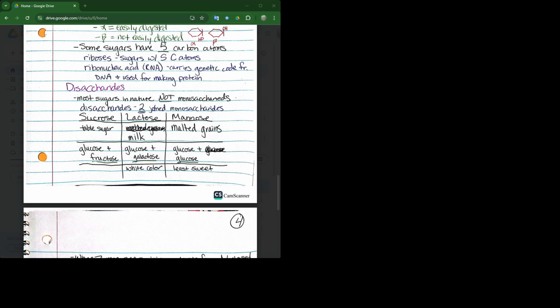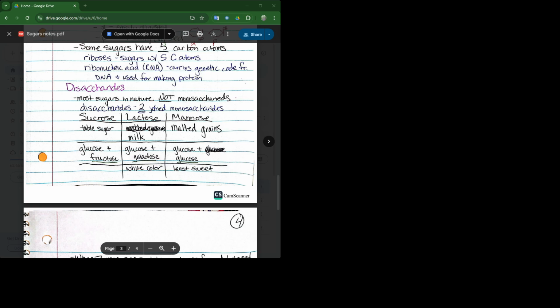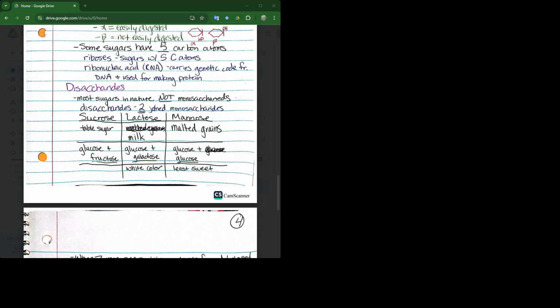It also tells me that it's white in color. For mannose, we learned that it is found in malted grains. It's composed of glucose and glucose bonded together, and it is the least sweet of the disaccharides. It also told me that it's tan. So that's another note that I could put here that I just failed to.